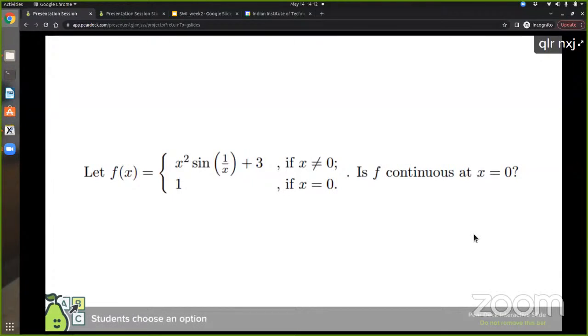Differentiability and continuity what? If a function is not differentiable at a point, then we cannot say that it's continuous, right? I mean, differentiability should also be checked. Is that the case? I'm just asking the question. Correct. Okay. So if a function is continuous, it may or may not be differentiable.